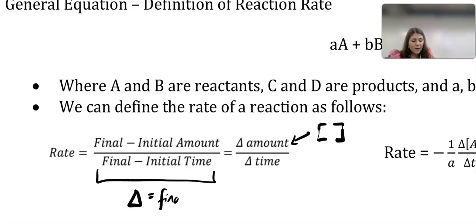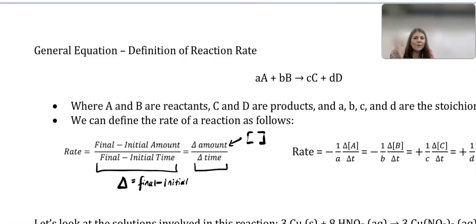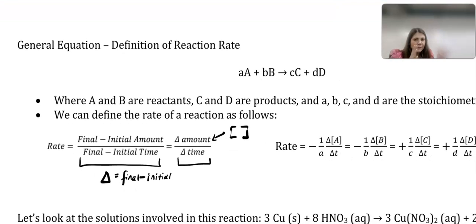Delta means the final minus initial. That is why you'll see it right here. All right, so if you do final minus initial for the concentration, and then final minus initial for the time at which it occurred, that time frame, you can figure out the rate of the reaction.